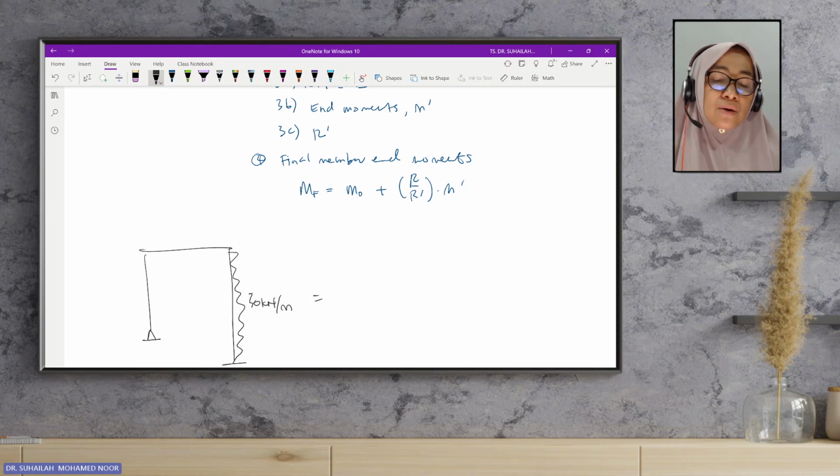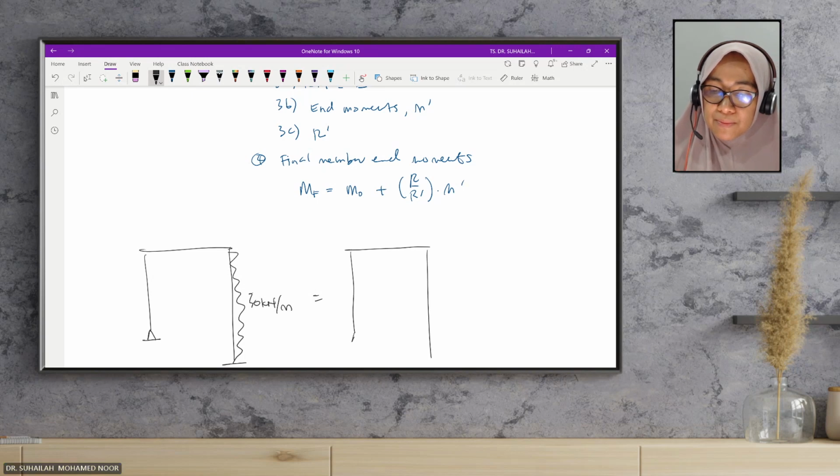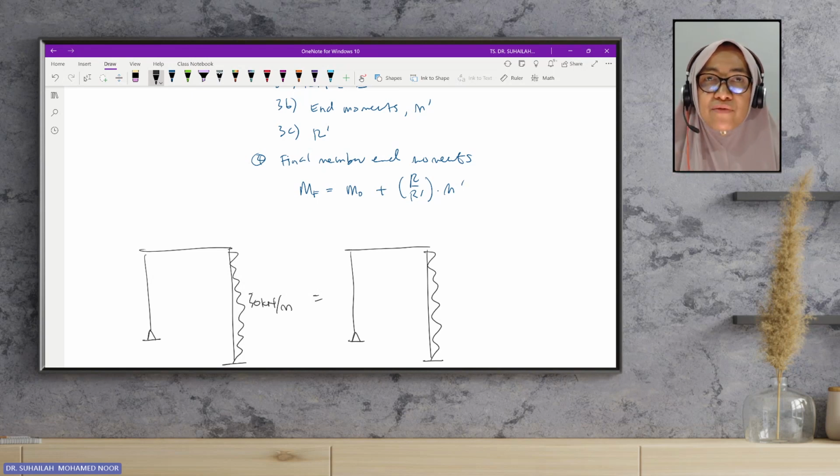The loading will actually push the frame to move to the left direction. So we draw the same frame, pin and fix, with the loading, but we make this a properly restrained frame by putting an artificial pin support at B, so that the frame is now properly restrained and there is no delta.